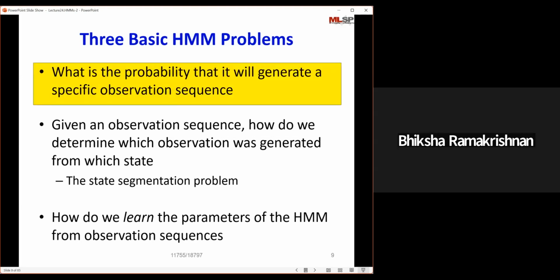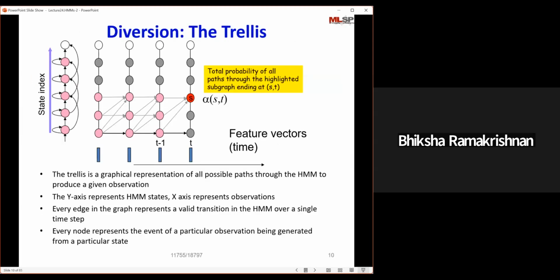So for the first one, again, this is just a quick recap. We first identified a structure called the trellis. The trellis represented all possible state sequences that the HMM could have followed in generating any observation sequence. So the horizontal axis here is time.